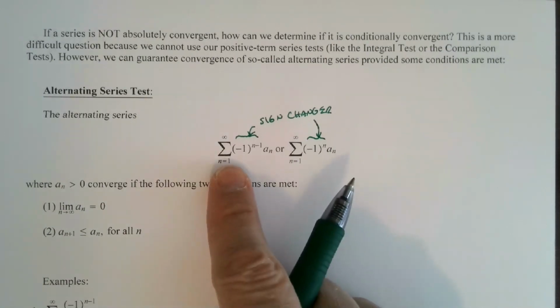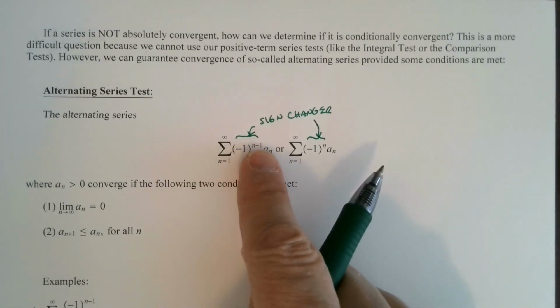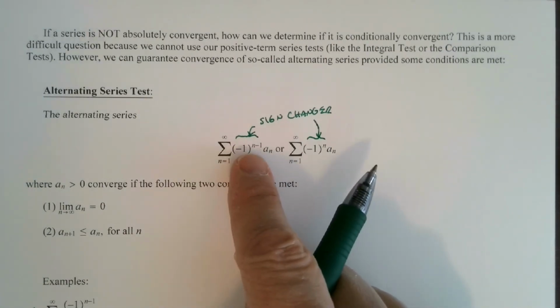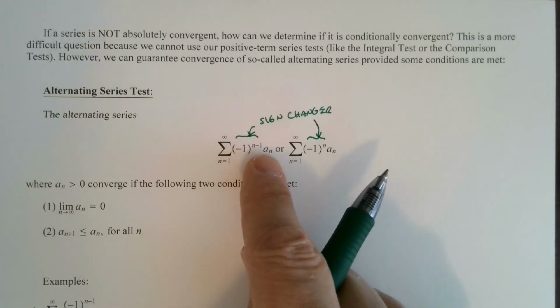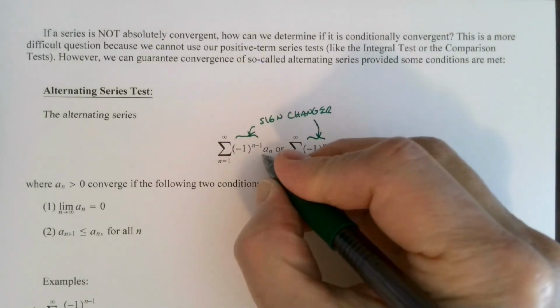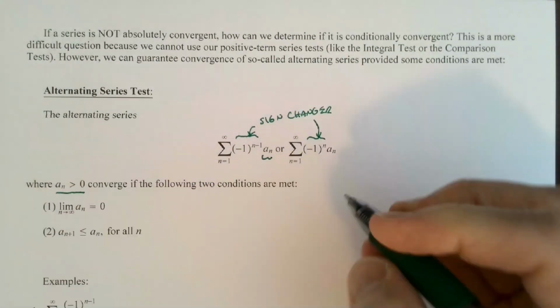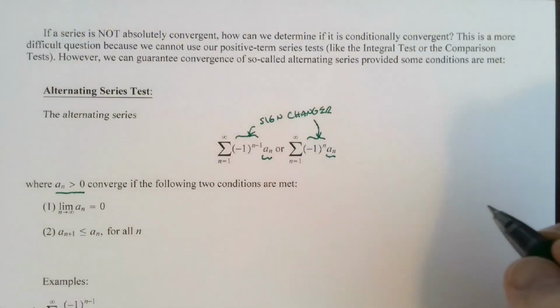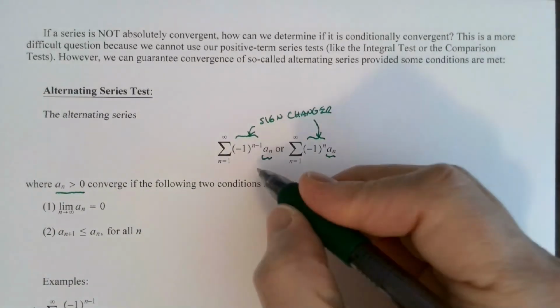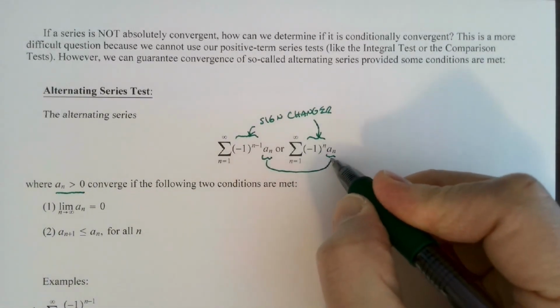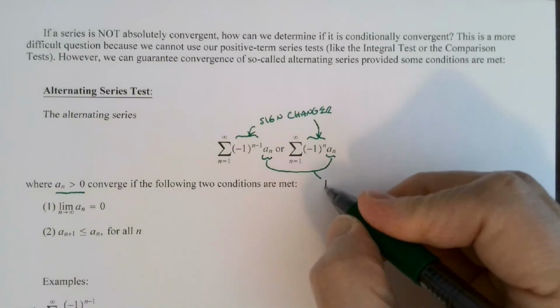Notice when n equals 1 here, negative 1 to the 0 power will be positive 1. Then there's the a sub n, and the a sub n's, by the way, are greater than 0 in this. These a sub n's are like if I took the absolute value, I would just get a sub n's. These are always going to be non-negative.